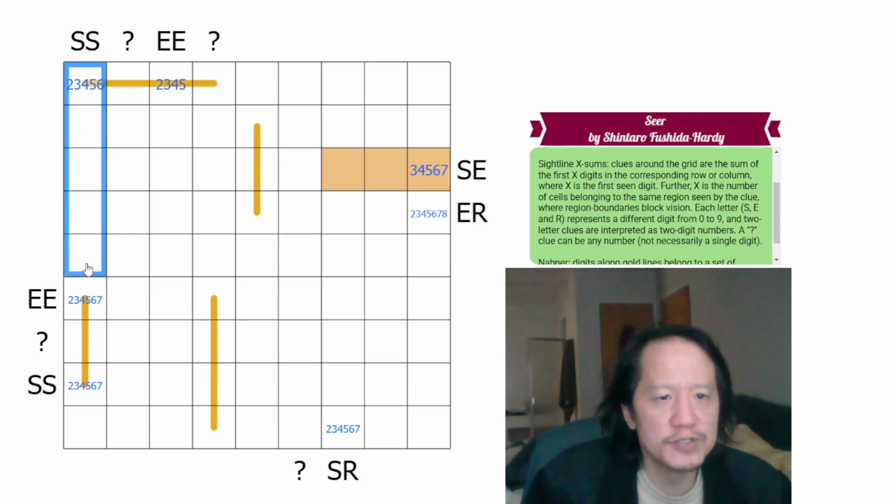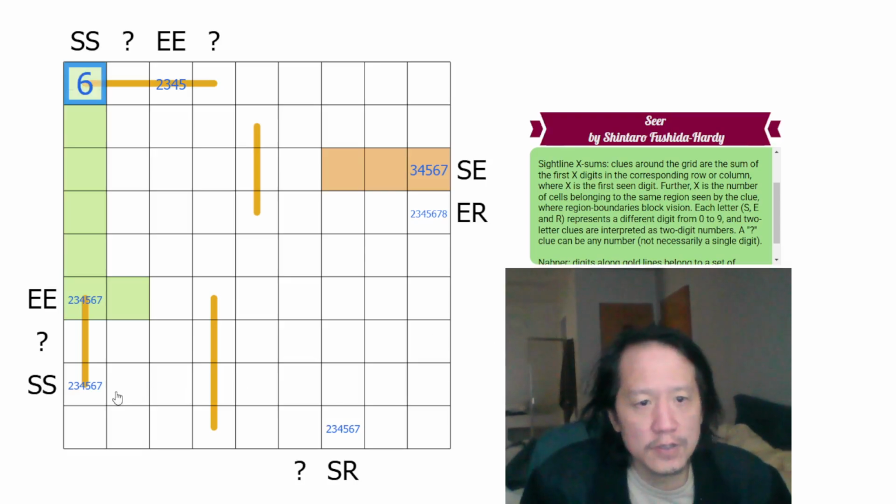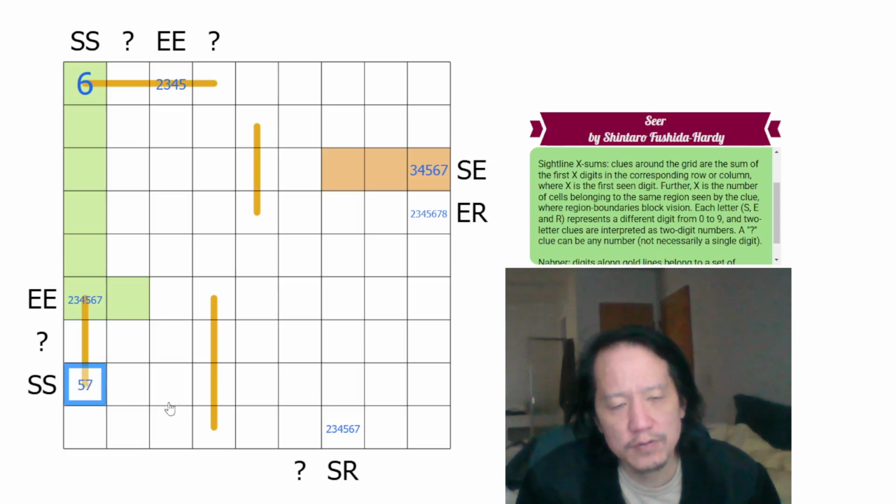Can this ever be 6 is the question. I guess so, right? If this is 6, okay, so this is 6, we assume. This has to be at least 2. So you have 6 digits adding up to 33, obviously. This then would have to be 5 or 7.